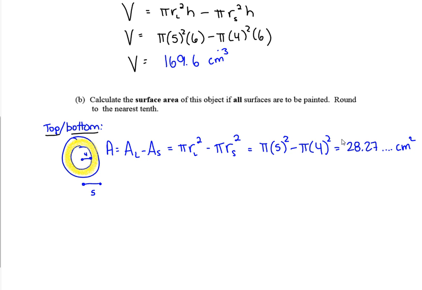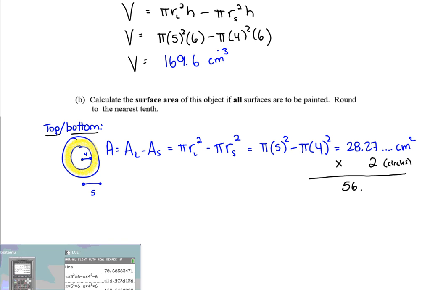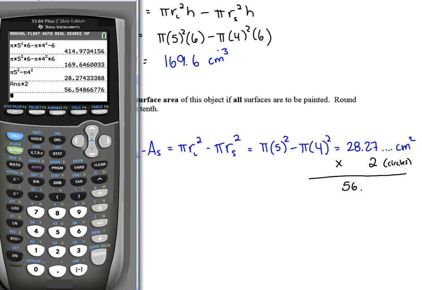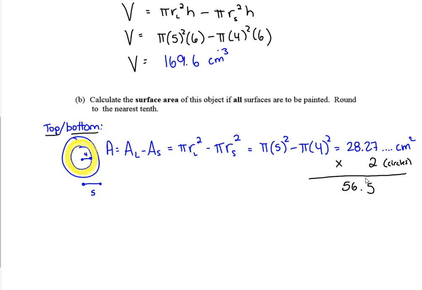The top and the bottom of the circle are the same, so we're going to multiply that by 2 because there's 2 circles. So I'm going to grab my calculator. Times 2 gives me 56.548... centimeters squared. Okay, so there's the top and bottom.